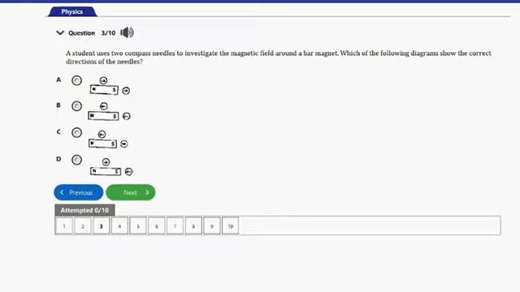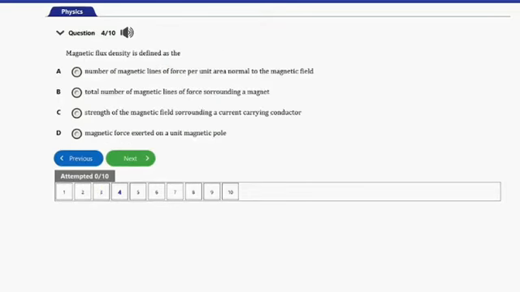The one placed at the middle here will move towards the south point, and then the one that is placed at this region will be attracted to the magnet at the south. So that's it for this question. Let's go ahead and consider the next question, guys. So that's question number 4.